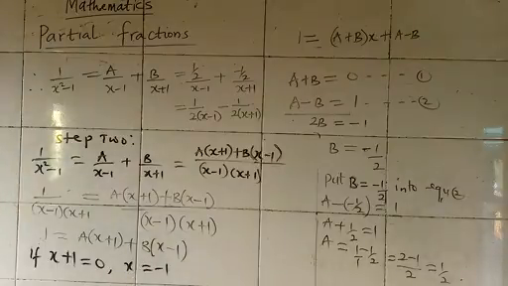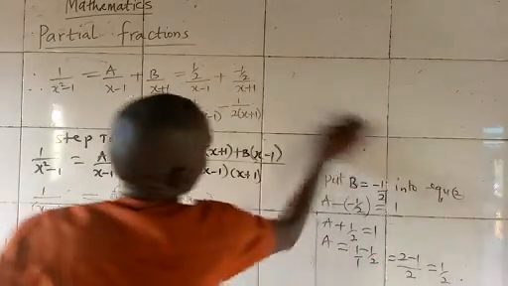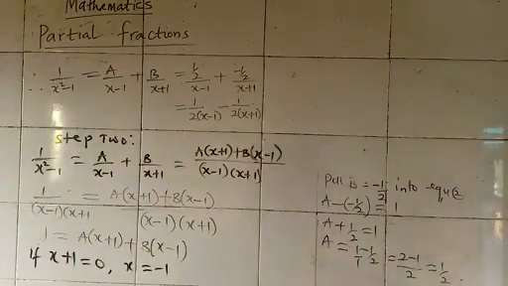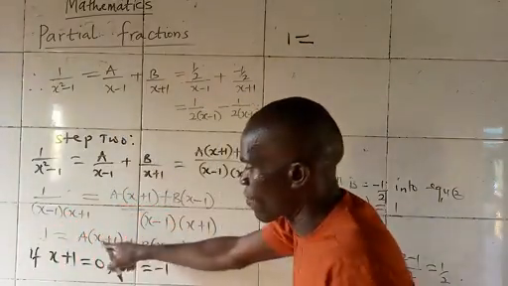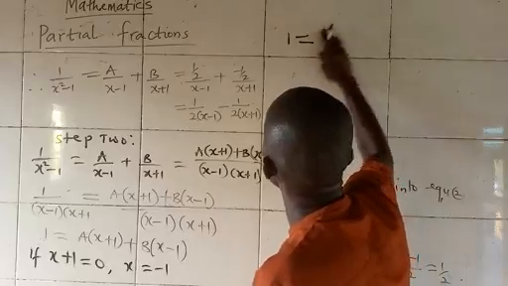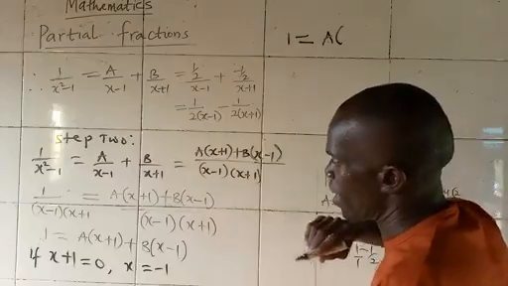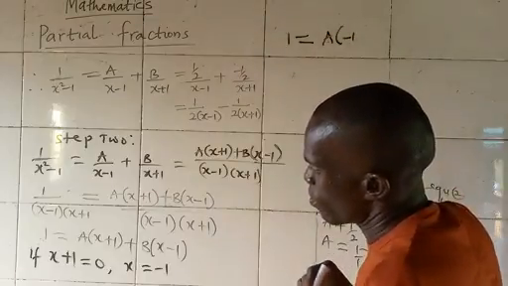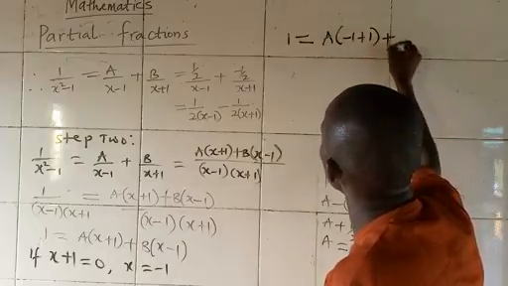It means that I need to put this minus 1 inside here. Let me clean the other side of the board so that we can conclude. Wherever you have S, put minus 1. So 1 equals A open bracket, minus 1 plus 1, and plus B.